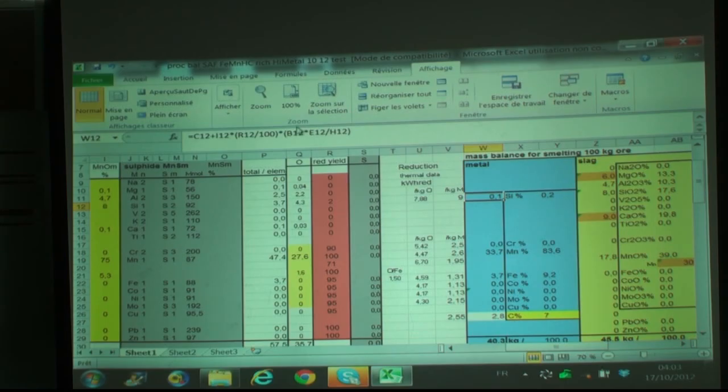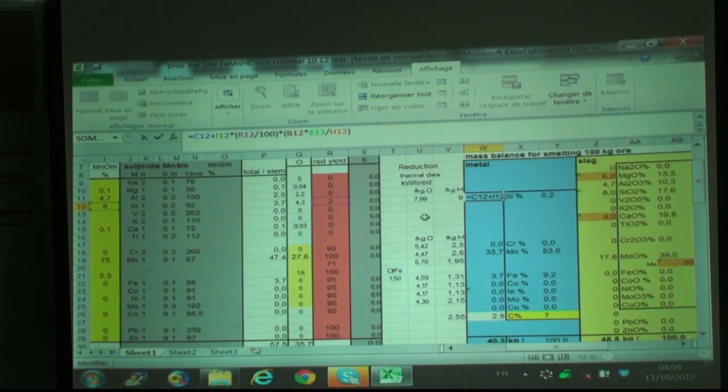the 8%, E12, the 8%, plus this multiplied by the yield and multiplied by, you know, the mass proportion of silicium over silica.